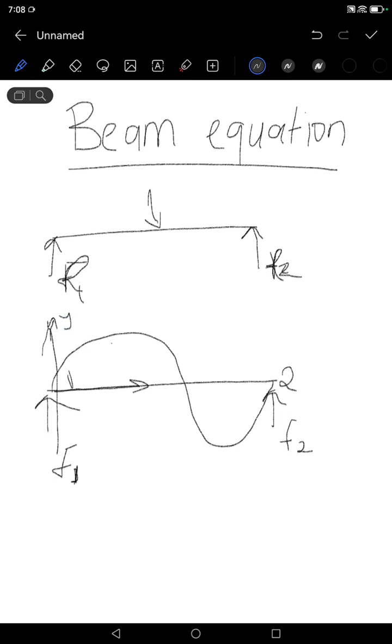On the beam we're gonna have a moment here and another moment here, M1 and M2.